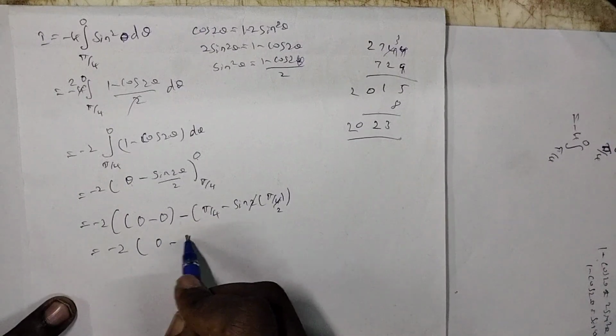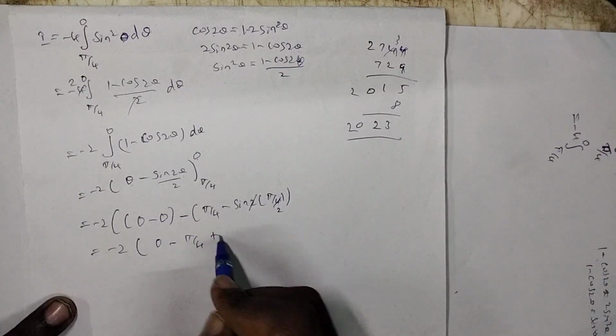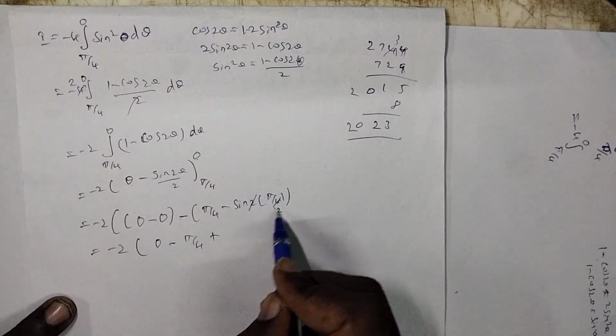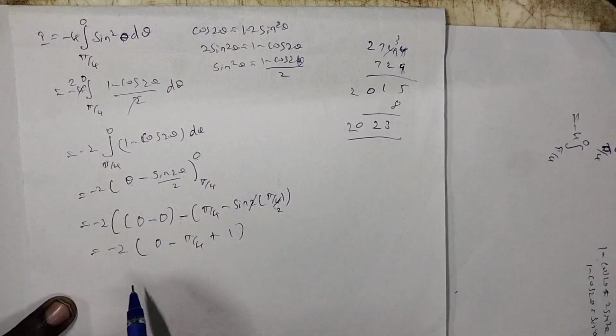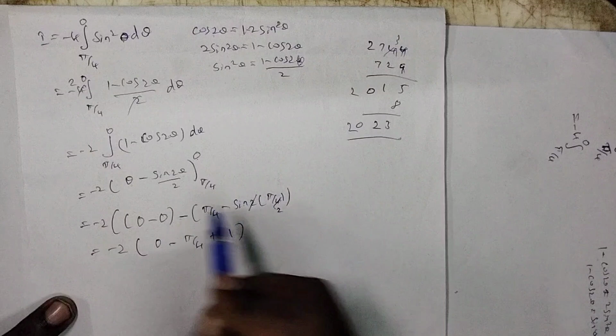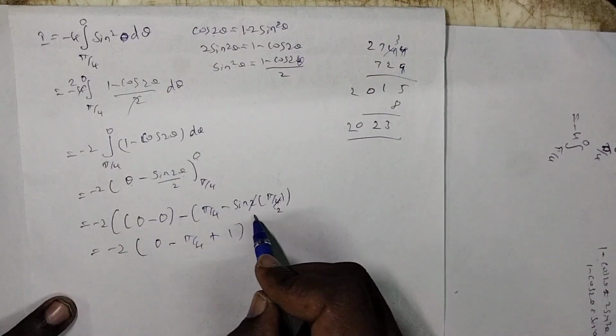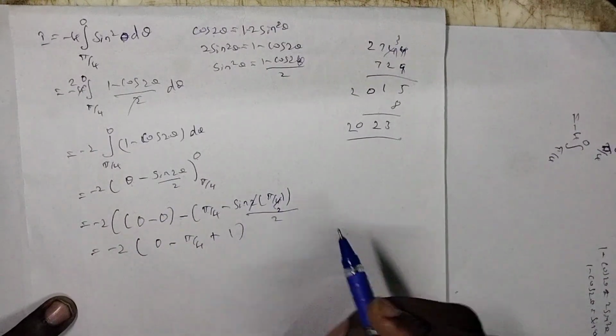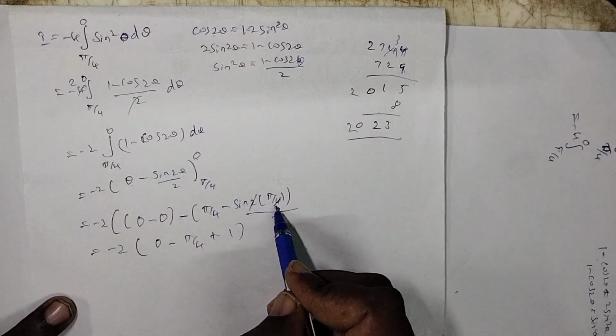So we have minus 2 times the overall, which is 0 minus pi by 4 plus sin pi by 2, divided by 2. Instead of theta substitute pi by 4.